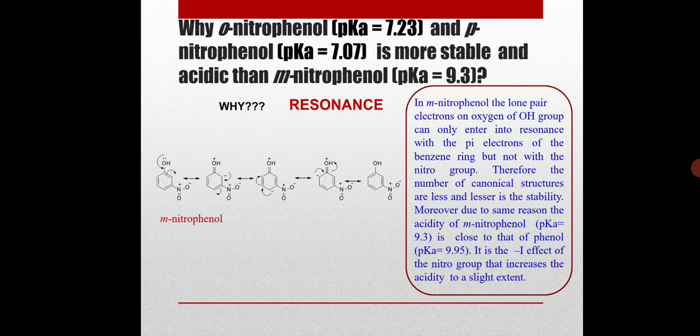Moreover, since the nitro group cannot enter into resonance, the acidity of meta-nitrophenol is close to phenol. The pK value of phenol is 9.95 and the pK value of meta-nitrophenol is 9.3. Meta-nitrophenol is slightly more acidic than phenol because of the -I effect of the nitro group.